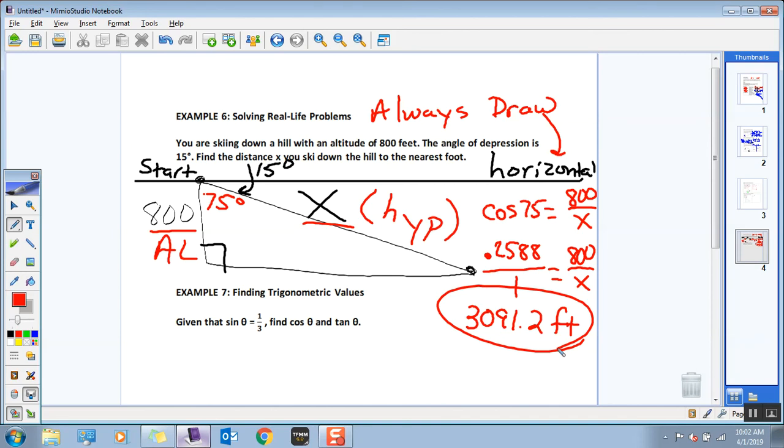Okay, real quickly, I want to get through that last example. It makes sense that that answer is more than 800 because we were looking for which value in the triangle. And that's always the hypotenuse. So how did you get the 3,091? 800 times 1 divided by 0.2588.